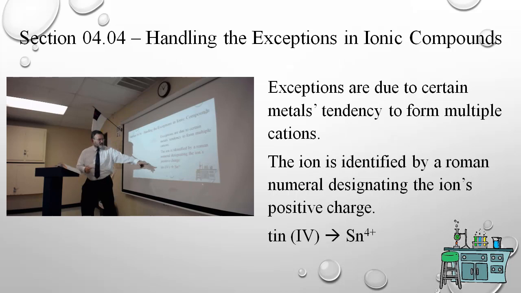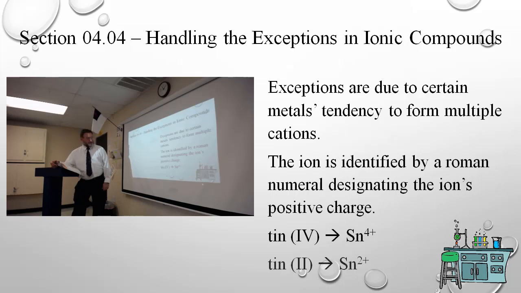It would be written as tin, Roman numeral 4, and that tells you that when it forms its cation, it's formed a +4 or 4+ ion. Now here's the hard application question. Let's suppose instead of tin 4, I have tin 2. What do you think the charge on the tin 2 cation is going to be? Yeah, +2. Okay, that's as hard as it gets.